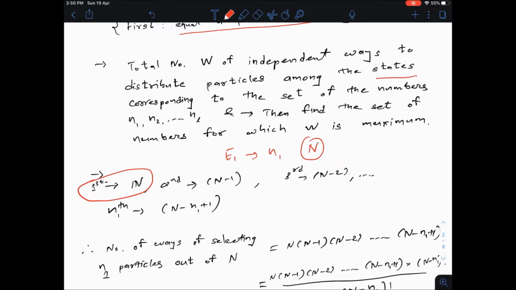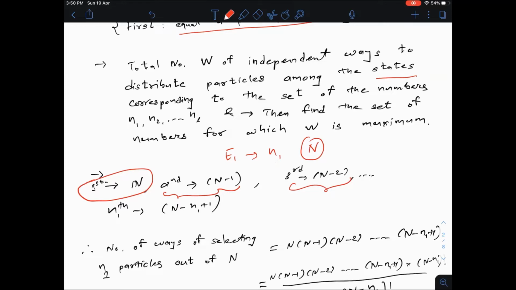Correct. After choosing the first particle, how many particles do we have? We have N minus 1 particles. So the number of ways of choosing the second particle is N minus 1. Then we are left with N minus 2, so the number of ways of choosing the third particle is N minus 2, and so on.